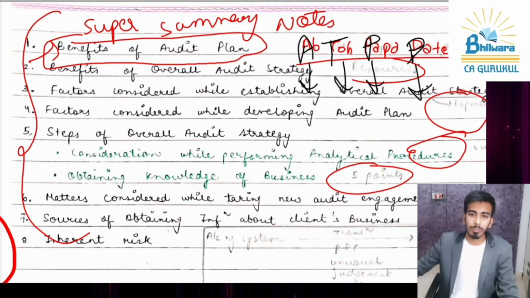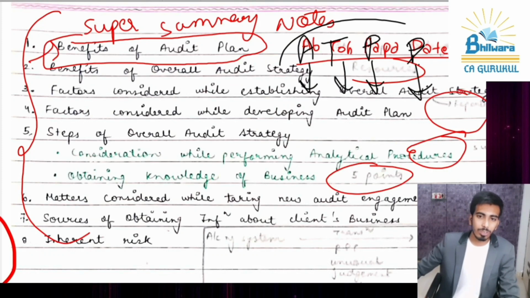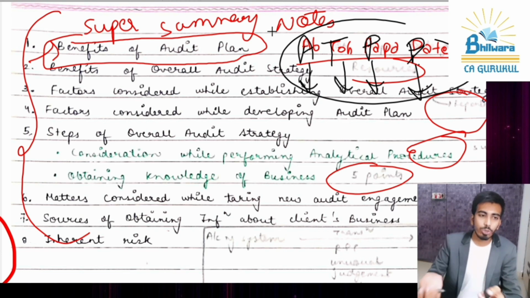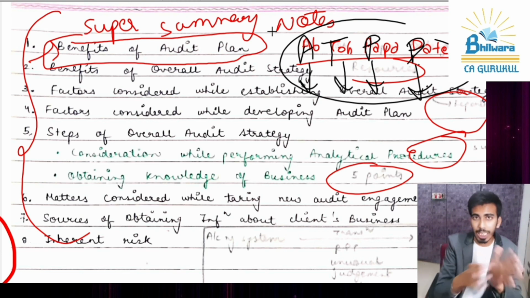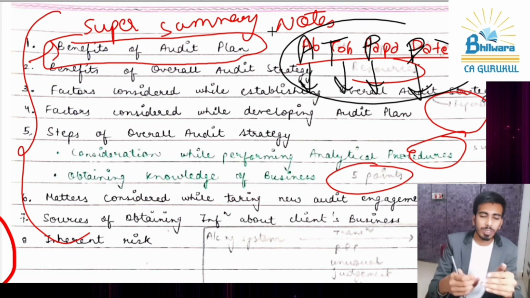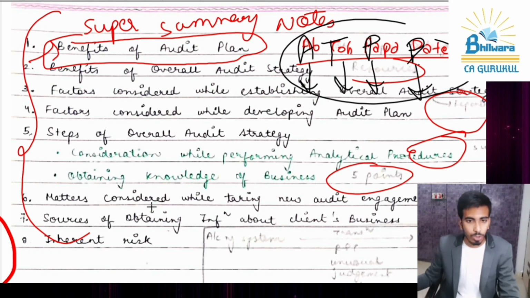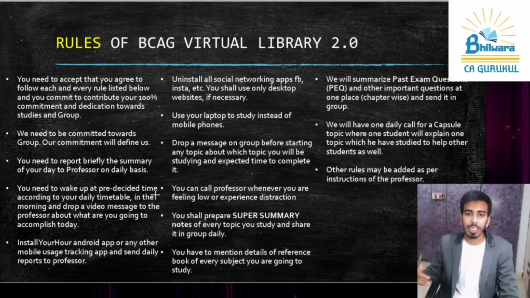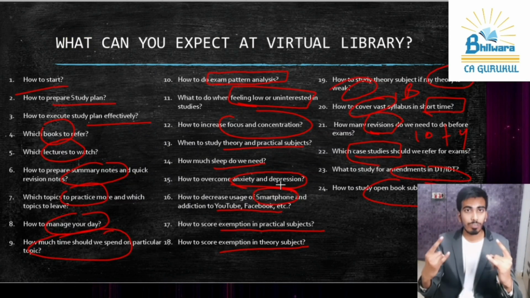This way you will remember. You will try to remember from your mind. You will insist your mind to speak rather than insisting your eyes to read. So super summary notes will help you to revise, help you to summarize and make your notes crisp. This is the most important thing I wanted to tell you, that you should make quick summary notes. Signing off. Thank you, Rishi Rishabh Jain.